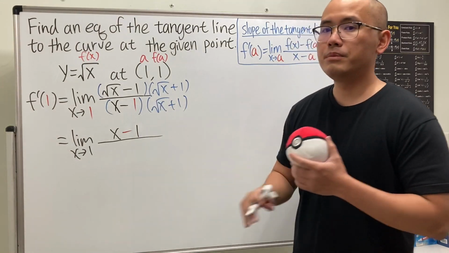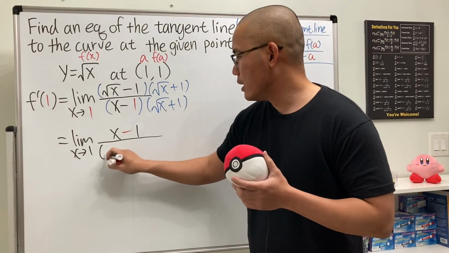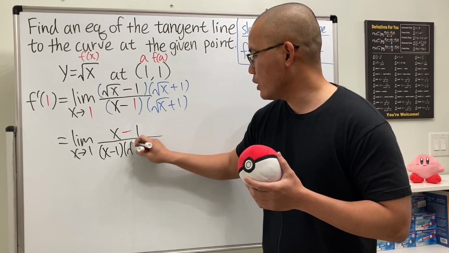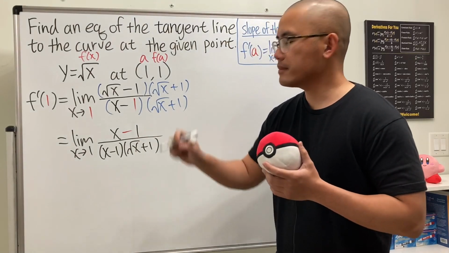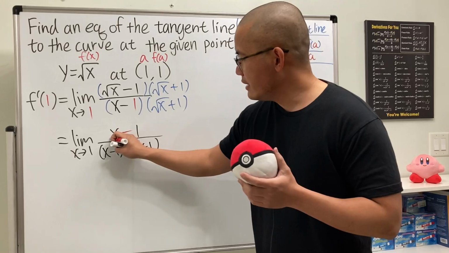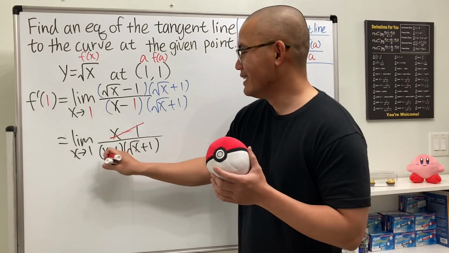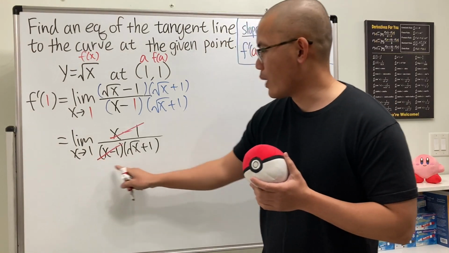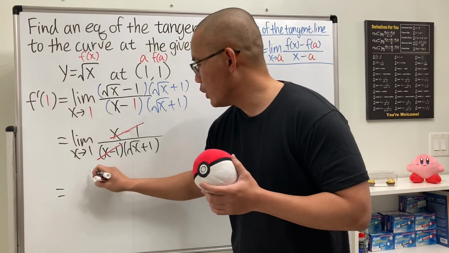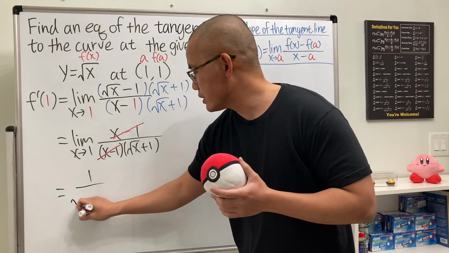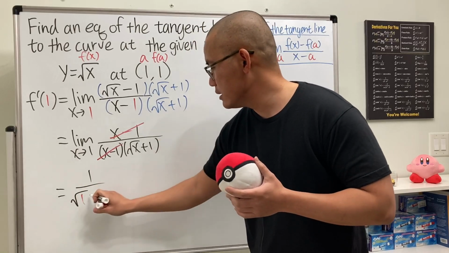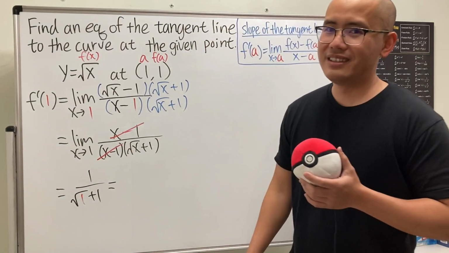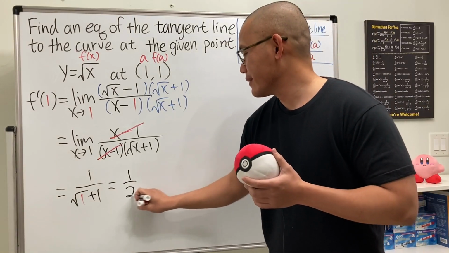And then the bottom, don't multiply it out, just keep it: parentheses x minus 1 times square root of x plus 1. And yes, the x minus 1 and the x minus 1 cancel each other out. And we can just plug in the 1 here. We get 1 over square root of 1 plus another 1. Altogether, we get 1/2. Right?